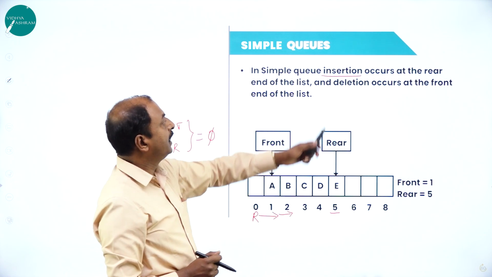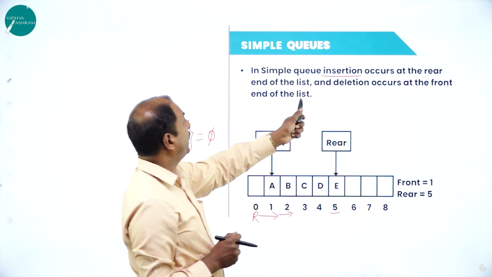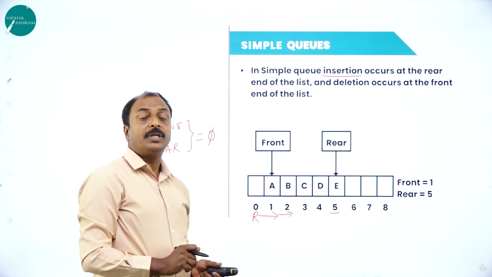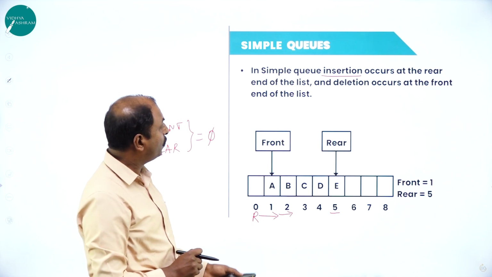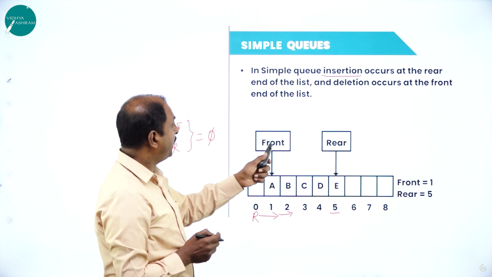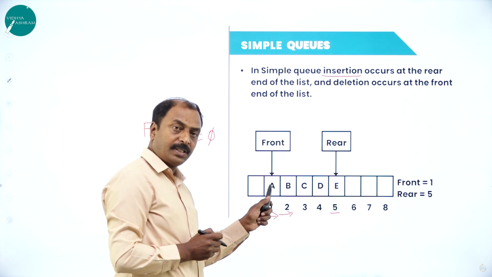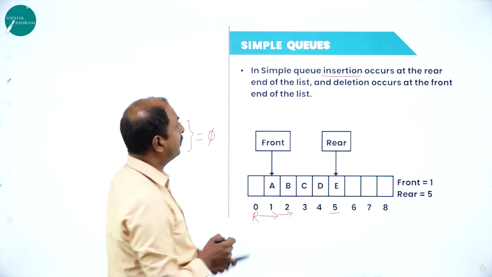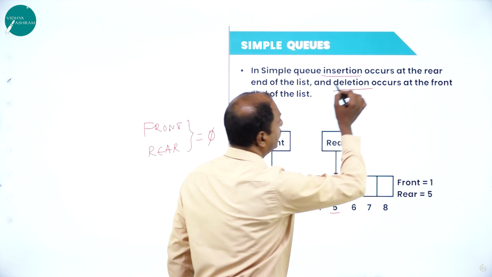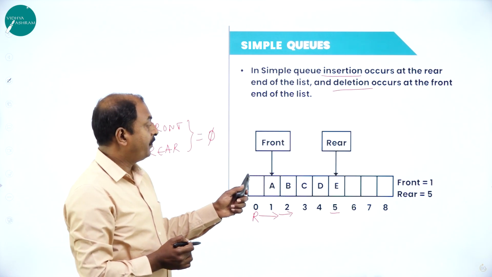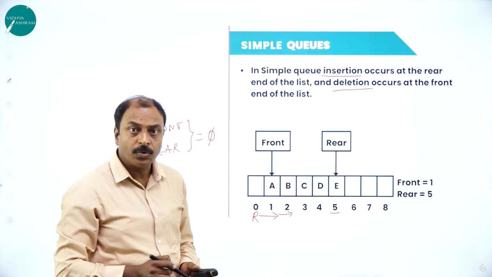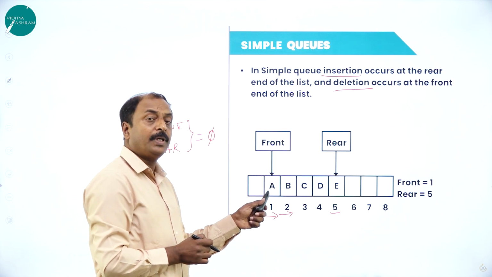Now that is one point. The second point is that deletion occurs at the front end of the list. Now look at the front end. The front end points to index 1, and the data item is A. So this is the pointer where deletion takes place. If you want to delete any element from the queue, this is the first element to be deleted.